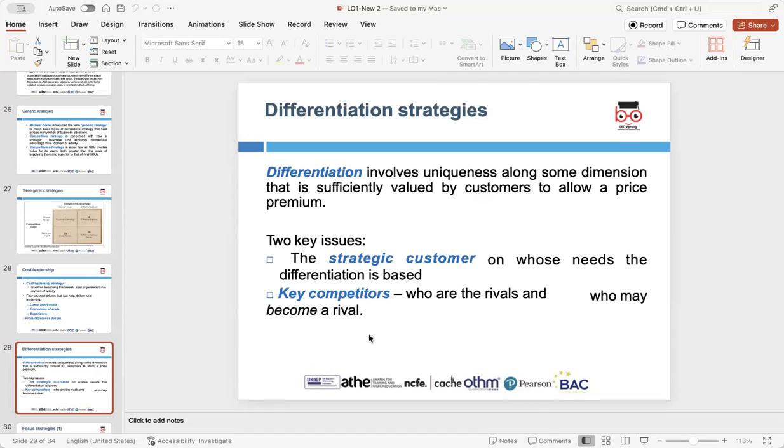So, strategic customers: identifying and understanding the needs of the customers who value the unique aspect of the product or services. Key competitors: recognizing who the competitors are and how they might respond to the differentiation strategies.